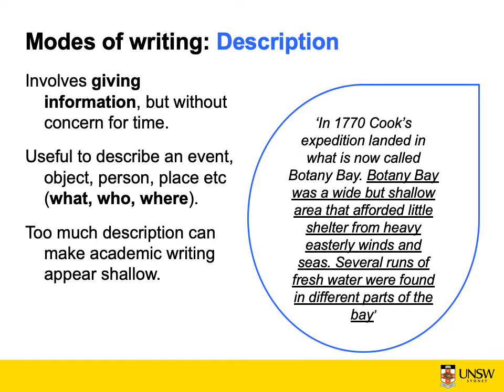And it's describing that area and the winds, the waters, and as you can see, if you had too much of this in academic writing, that's all well and good, but we don't actually know what you're saying about that information. There's not a lot of depth. So this is to be used when it's needed, but also sparingly.